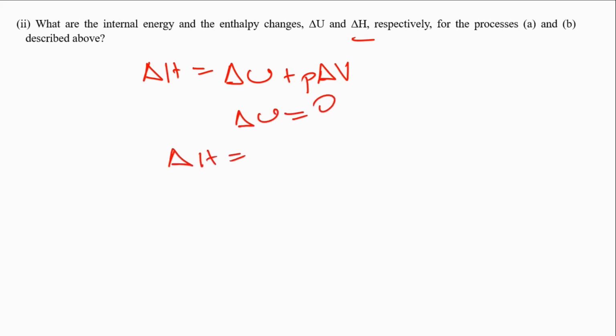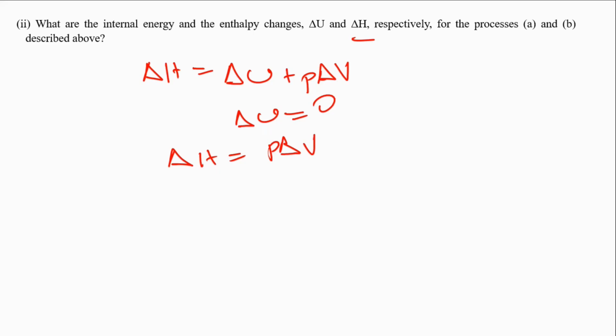So delta H then works out to just be P delta V. That's what it works out for both cases, because for both of them delta U is equal to zero.